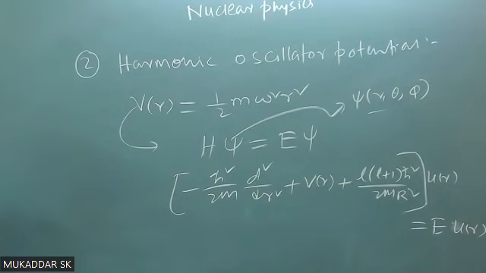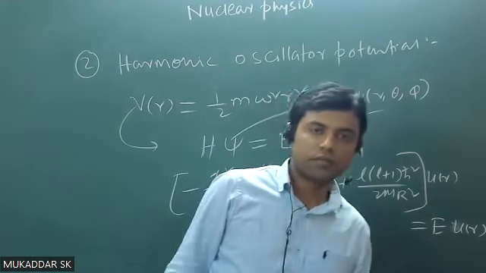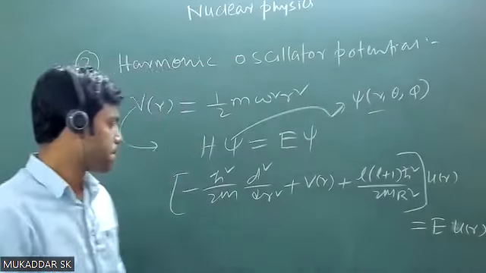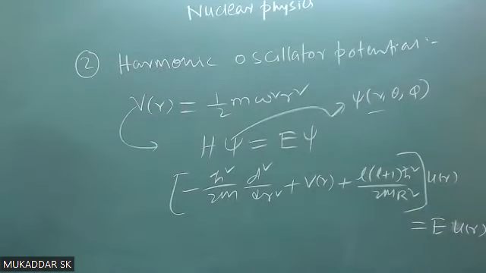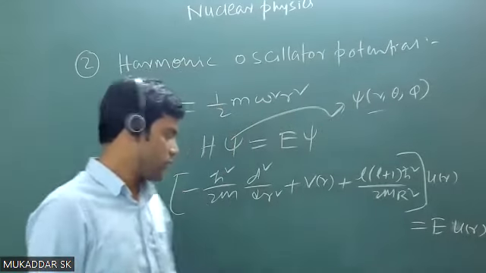And you have learned in quantum mechanics, in the hydrogen atom problem, that the r component gives you the energy of your system. And this term is arising because the potential is a centralized potential.